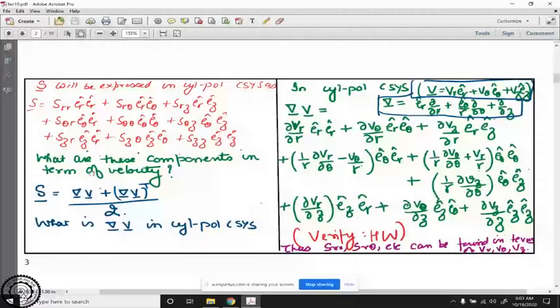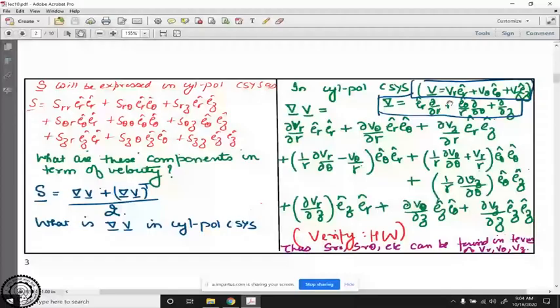Since it is strain rate tensor, we should be able to express them in terms of derivatives of velocity. So if we want to find that out, first we will invoke this definition. Strain rate is symmetric: velocity gradient plus velocity gradient transposed, divided by 2. This is how strain rate tensor is defined. And once you have expressed it in terms of velocity, you can go and use cylindrical polar coordinate system.